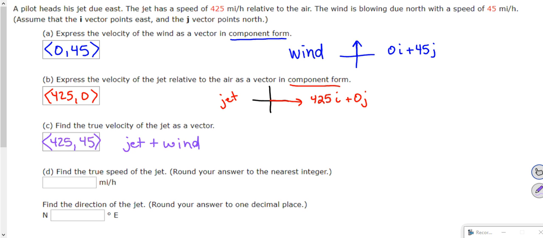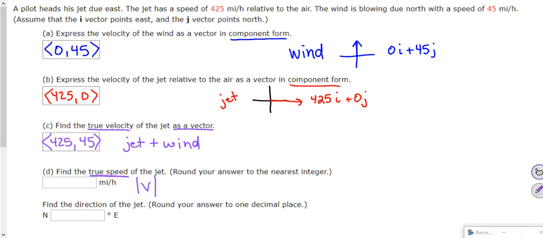Now, find the true speed. Okay, now look at the difference between how these are asked. True velocity as a vector. Again, vector, you got to give two positions. Now the true speed is the same thing as the magnitude, the absolute value of the positions.